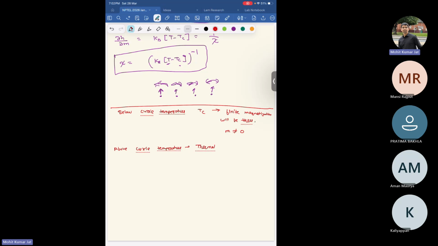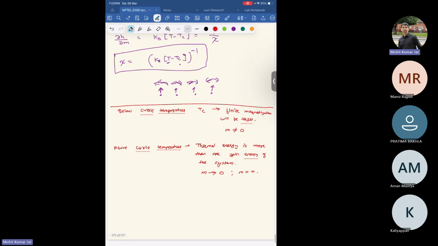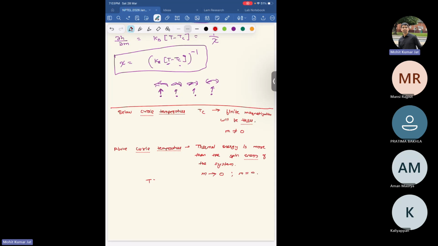Thermal energy means KBT energy. Thermal energy is more than the spin energy of the system. Spin energy means the alignment of the system, and thermal energy overcomes this spin part, and M tends to zero or M is equal to zero. That's why for T greater than Tc, M goes to zero.